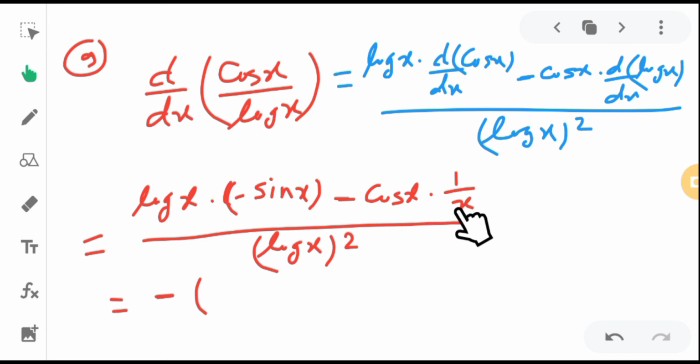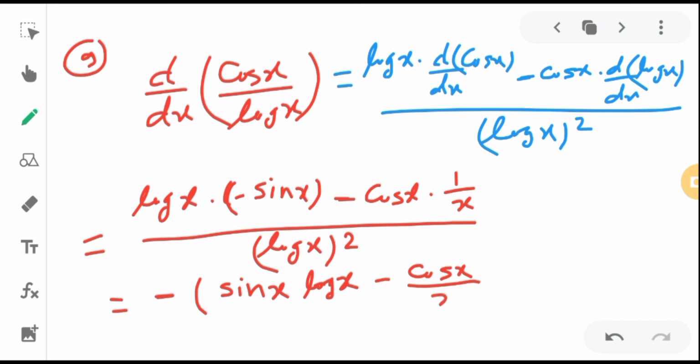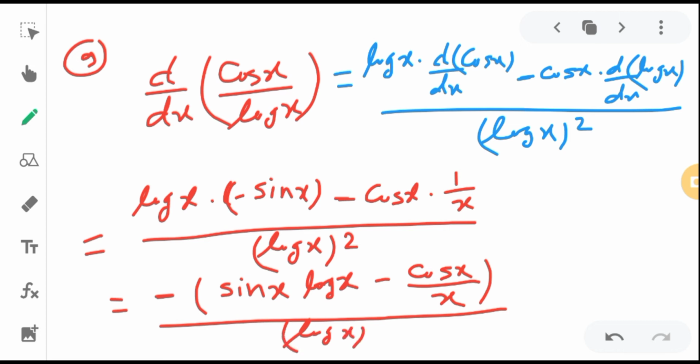And x will be the LCM, so that you will not get confused, the first term I will write as sin x log x, minus cos x divided by x, whole divided by log x whole square, correct?